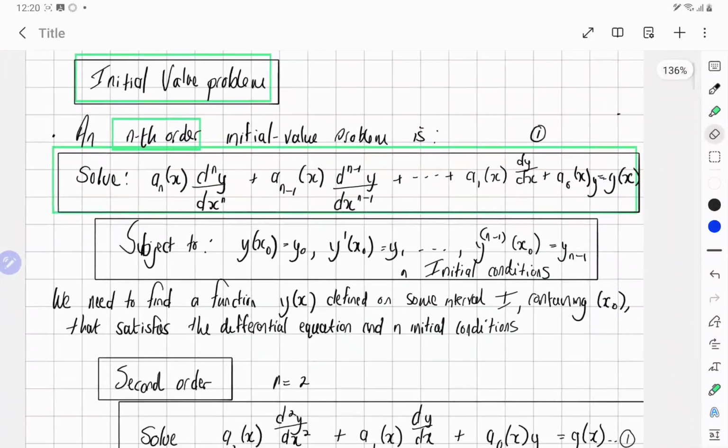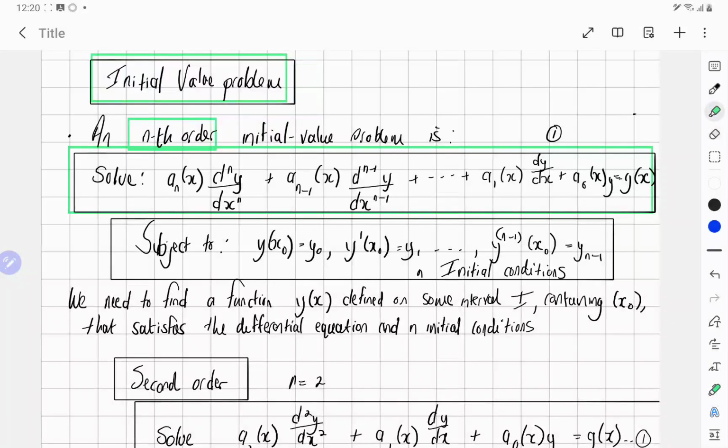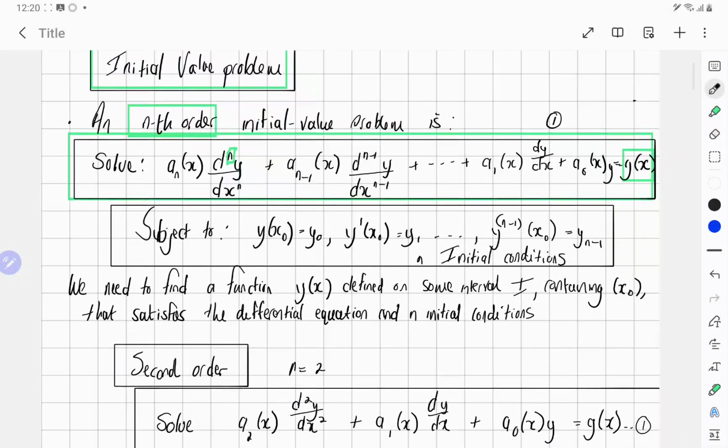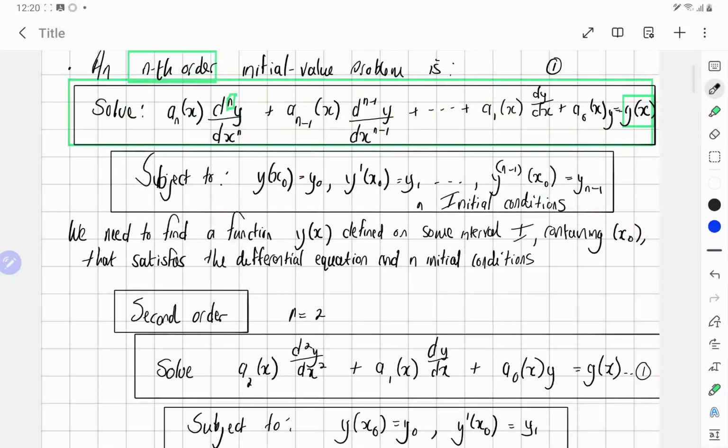Now we have an nth order differential equation. So as you can see here, nth order differential equation, and it is equal to g(x). We want to solve for y(x). So that's what we're saying here. We need to find a function y(x) defined on some interval I, containing the initial value x0 that satisfies the differential equation and the initial conditions.